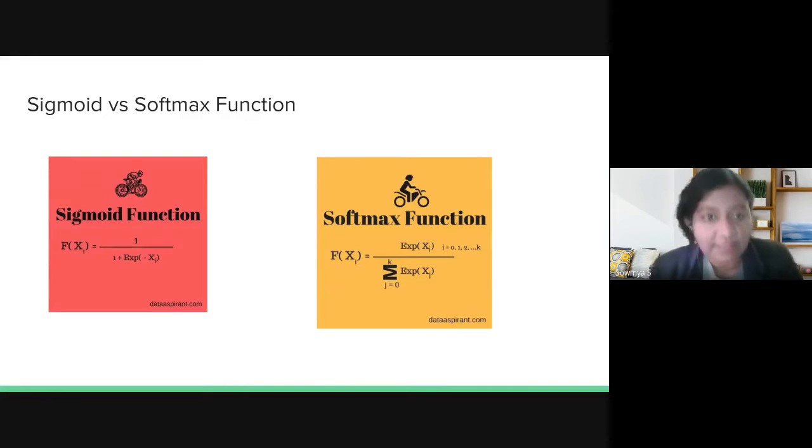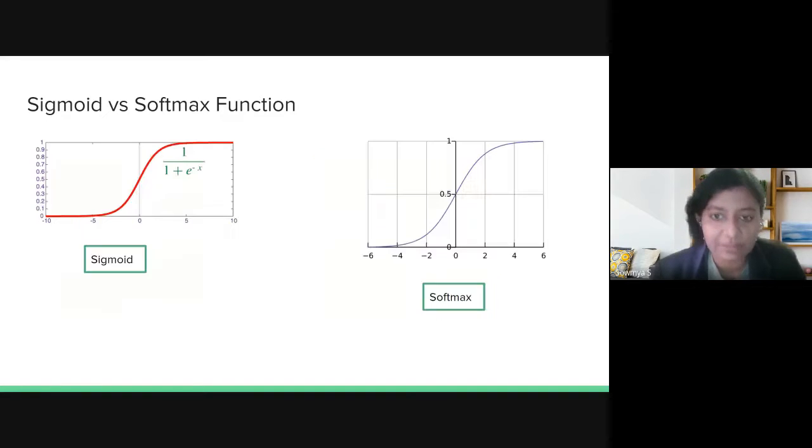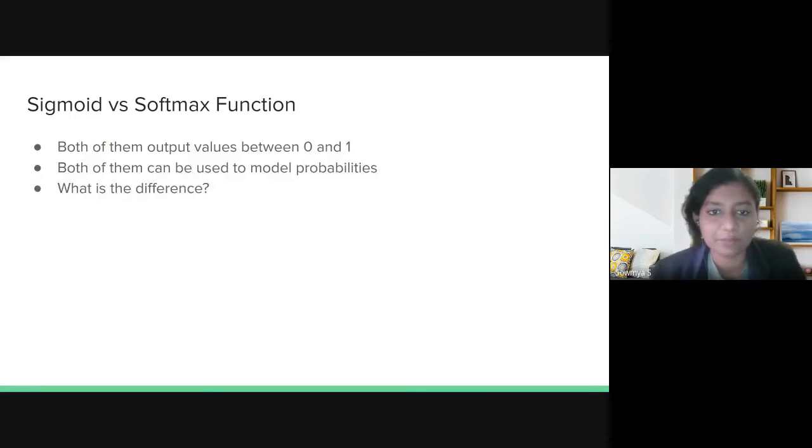So before proceeding, I'd like to spend some time on the sigmoid versus softmax function. We saw the sigmoid function a couple of classes back, which is 1 by 1 plus e power minus x. The softmax function is slightly different. When I have a lot of variables x, it's e power x by sum of e power x. What does this imply? If you take a bunch of examples and plot the graph, you'll actually be surprised to find they look very similar. Then what is the difference between the two we need to see?